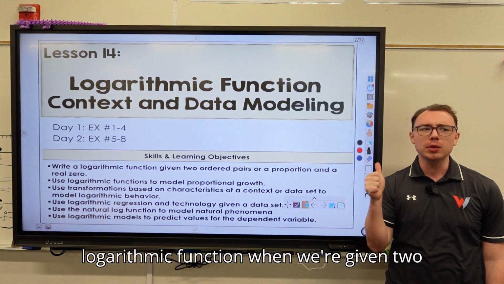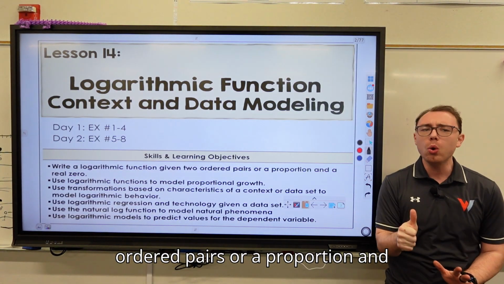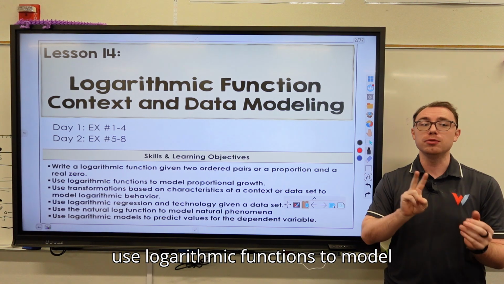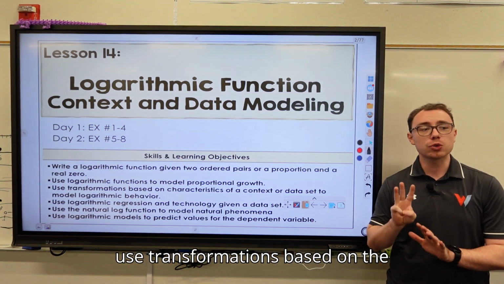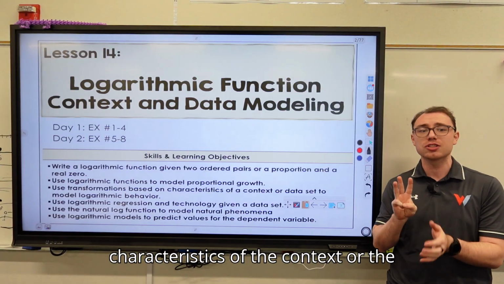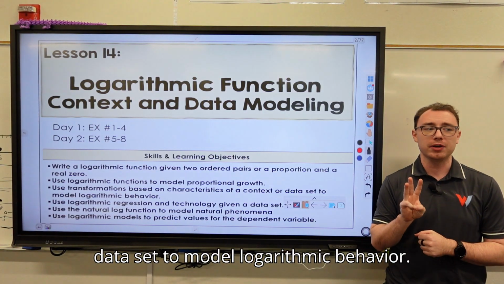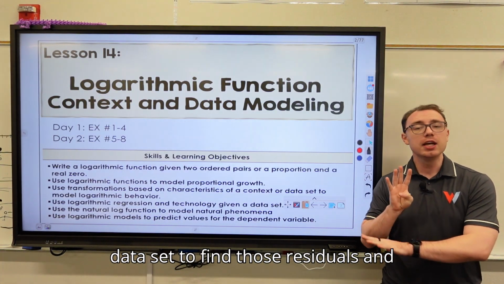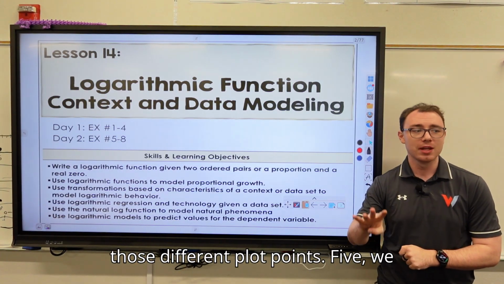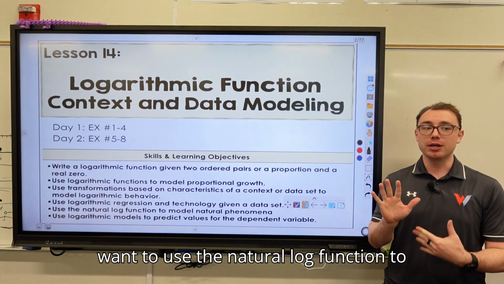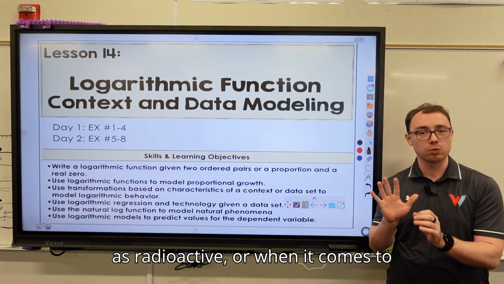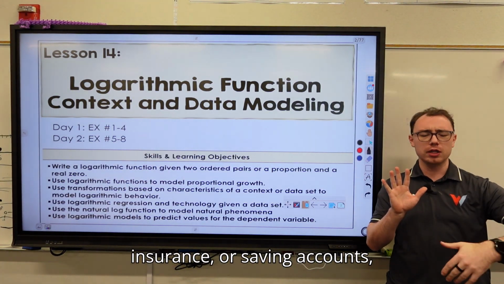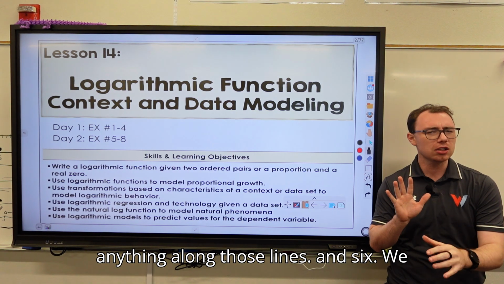For these videos here, we have 6 main skills and learning objectives to go through. First, we want to write a logarithmic function when we're given 2 ordered pairs or a proportion and some real zero. 2, we want to use logarithmic functions to model proportional growth. 3, we want to use transformations based on the characteristics of the context or the data set to model logarithmic behavior. 4, we want to use logarithmic regressions and technology when given a data set to find those residuals and those different plot points. 5, we want to use the natural log function to model natural phenomena such as radioactive decay, or growths, or insurance or saving accounts, anything along those lines.